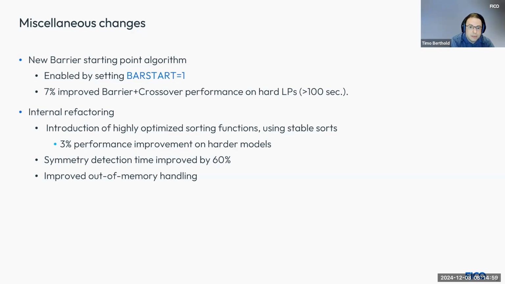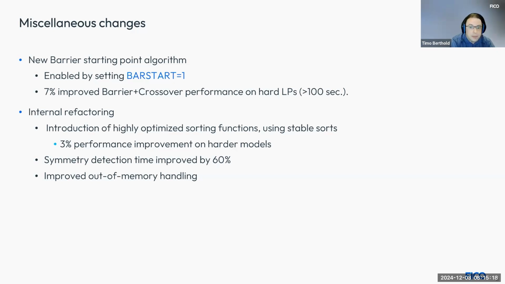This feature is off by default for now, as it has some mixed effects in the MIP context. So users can enable it manually if desired, and if you're a barrier user, again, this might be something that you might want to take into consideration.